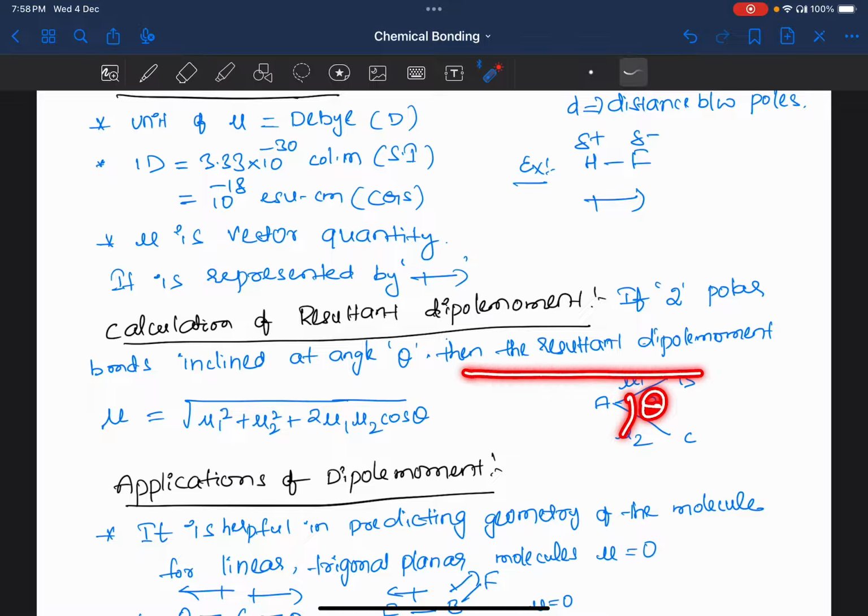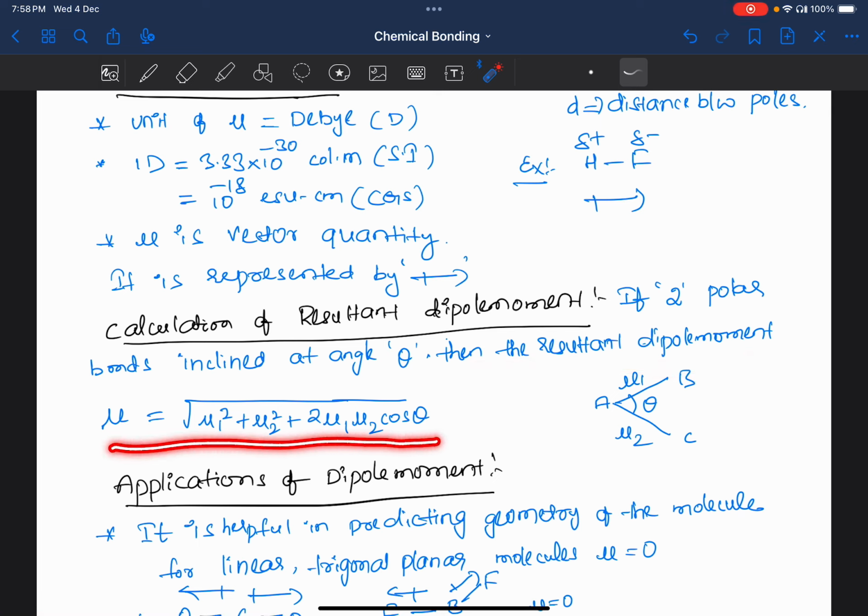Then the resultant dipole moment is mu equal to under root mu1 square plus mu2 square plus 2 mu1 mu2 cos theta.